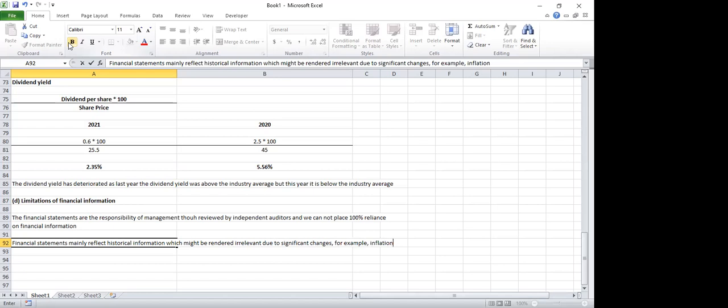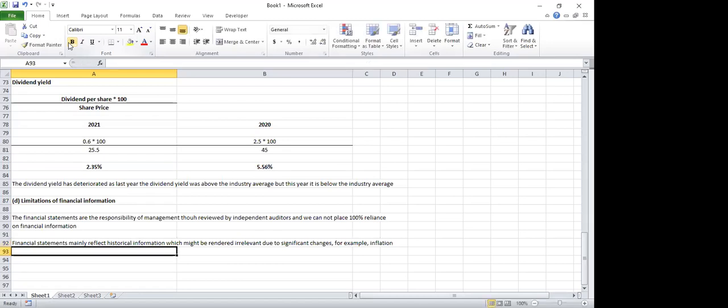Normally, when we are reporting financial statements, they will be for a past year. So there's a possibility that since the information is coming from the past, it might be outdated to this particular time that we are making a decision.